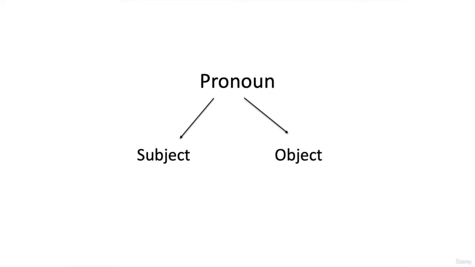The subject of a phrase is the person or thing doing the main action, whereas the object is having something done to it. For example, my sister loves books. There are two nouns in this sentence, sister and books.